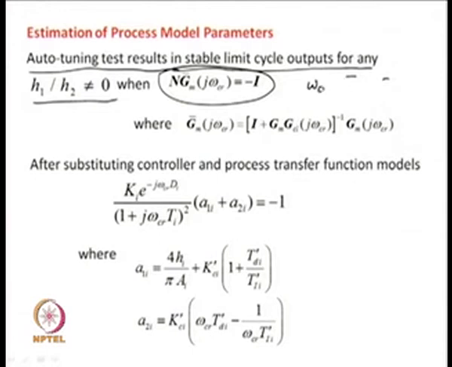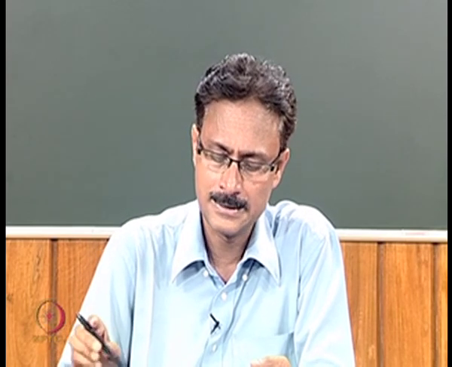We assume omega CR to be the loop frequency of both loops, so loop 1 and loop 2 are assumed to have the same critical frequency, given by omega CR.